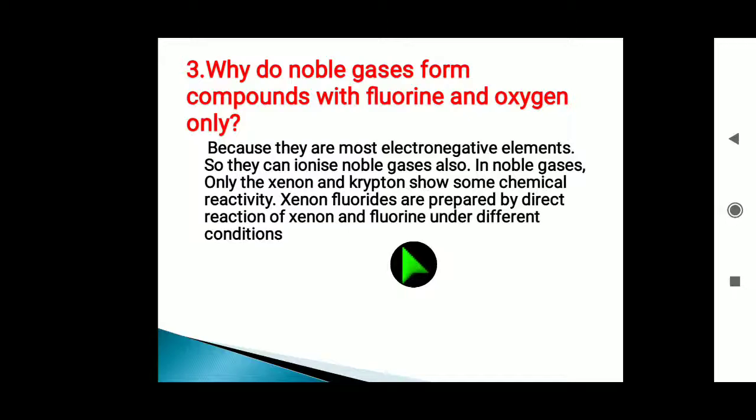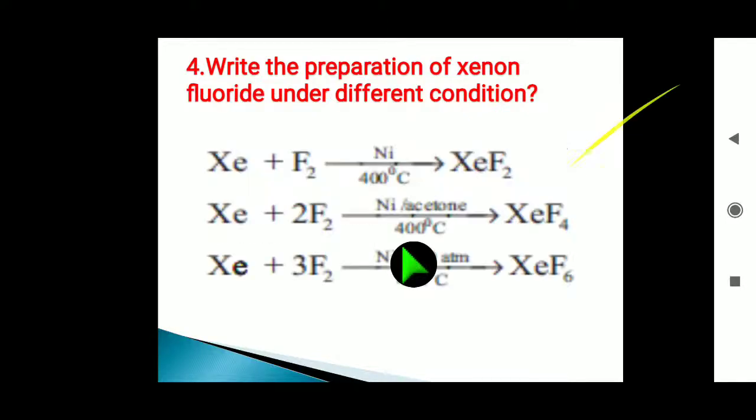Regarding that, we can discuss some questions. It is question number 4. Write the preparation of xenon fluoride under different conditions.